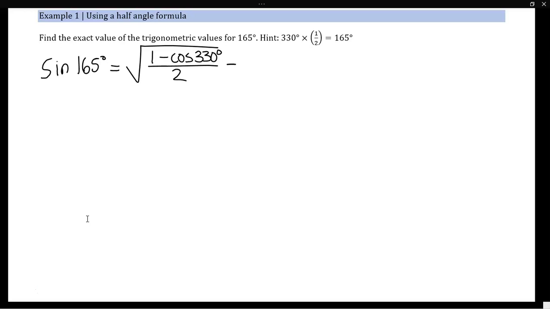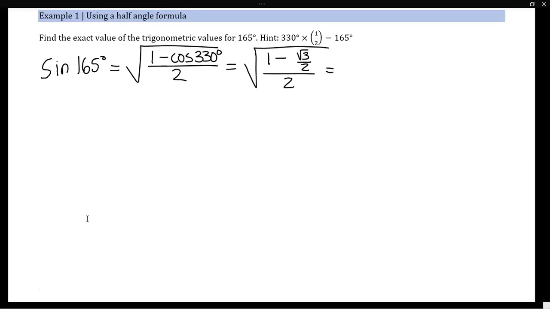Remember, for 330 degrees, the reference angle is 30 degrees. Cosine is positive in quadrant 4. So we expect to get the square root of 1 minus the cosine of 330, which is the square root of 3 divided by 2, and all of that is going to be divided by 2.